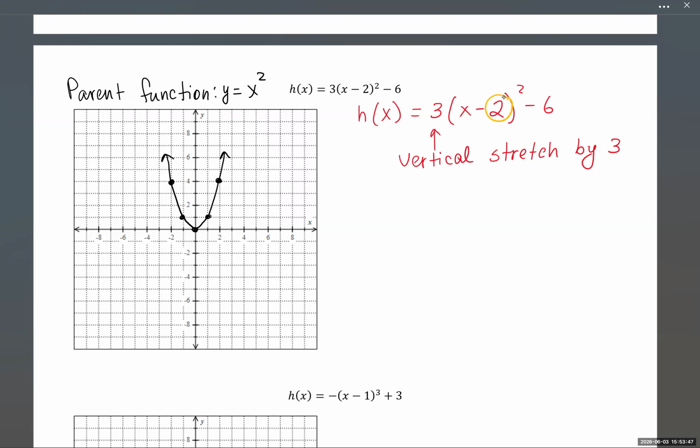So the negative sign belongs to the x, it does not belong to the 2. So that 2, it's a horizontal translation by 2, two to the right.